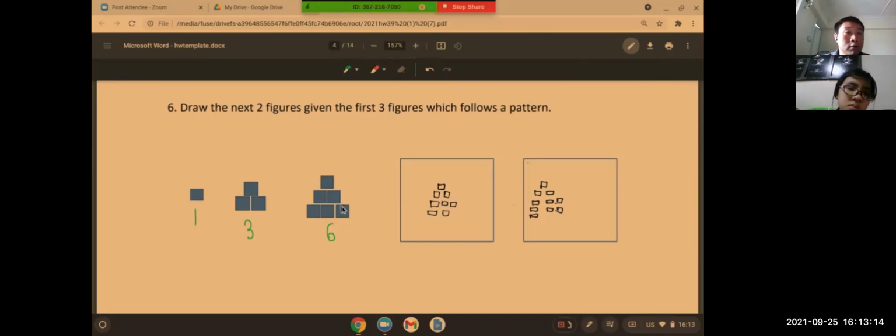Then, yeah, you can see the pattern. So what's the difference? I mean, you write down the difference, 1 to 3, then the difference 3 to 6. Then I think you will see the pattern.